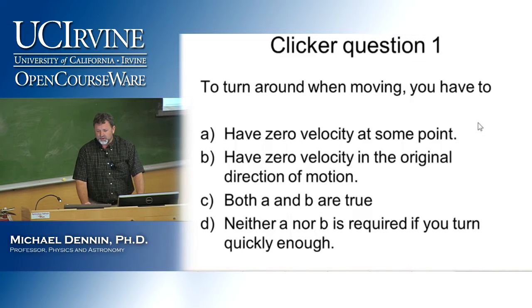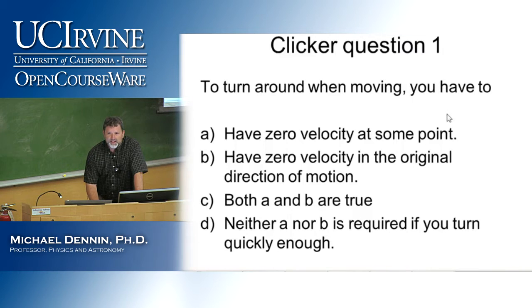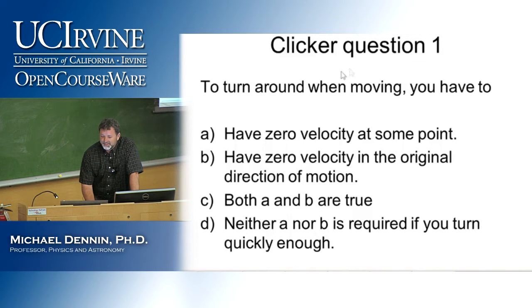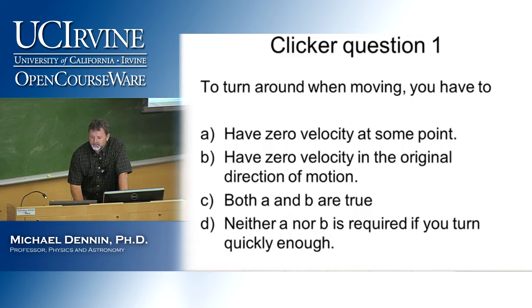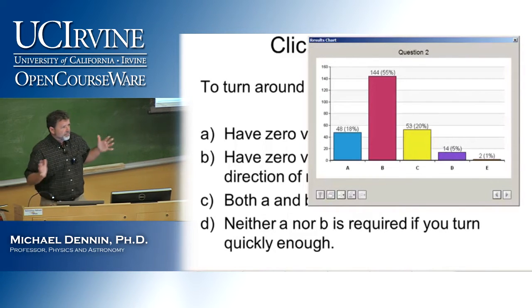Okay, 10 more seconds. Vote real quickly. 5. That was a quick 5 seconds. 4, 3, 2, 1. We all good? Excellent. We got most of you to move to B as we should.